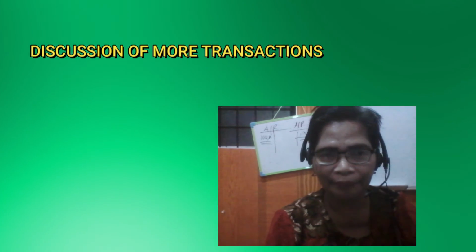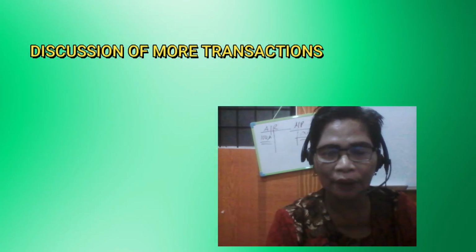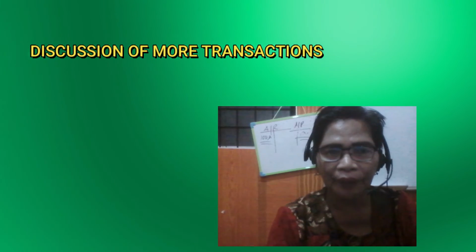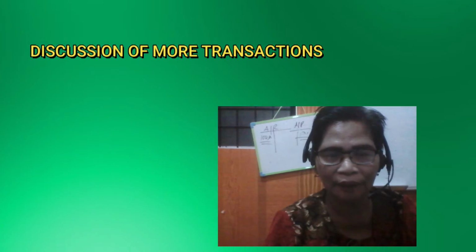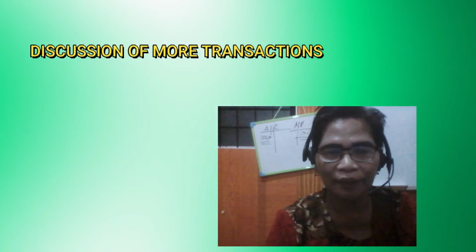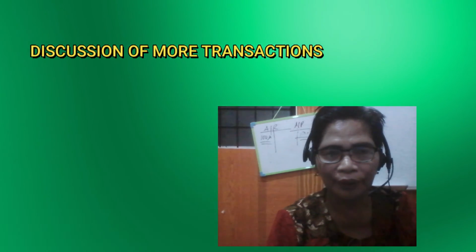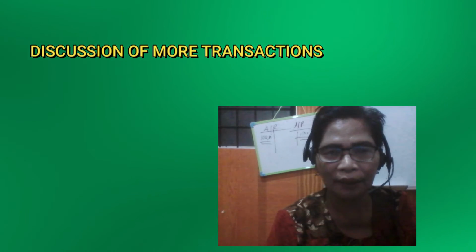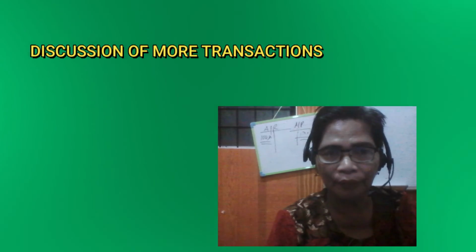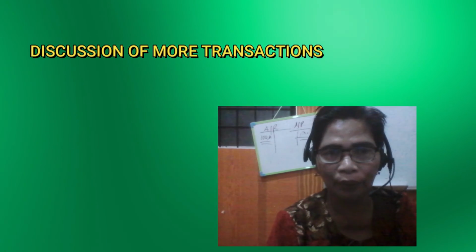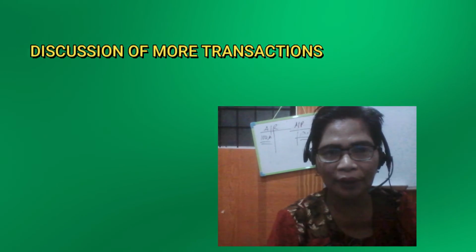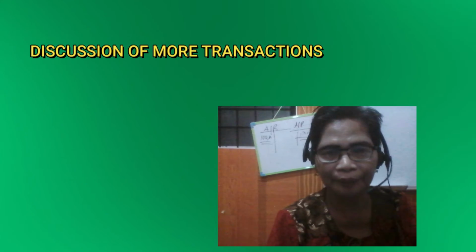I will repeat. For example, the customer in number 5 does not have any money or cash at this time, but he is given the opportunity to be served, and he will be paying at a later date. Instead of cash, the debit entry will be accounts receivable. So that is for number 6.